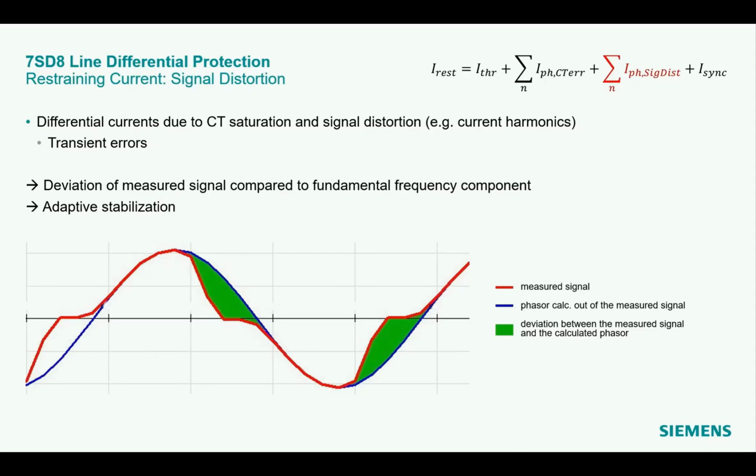This needs to be stabilized. The difference between the measured signal, the red curve, and the fundamental current component, which is the blue curve, is indicated, and the quantity for the adaptive stabilization is highlighted with the green area. If there is not enough fundamental current in the signal, the differential protection is blocked.